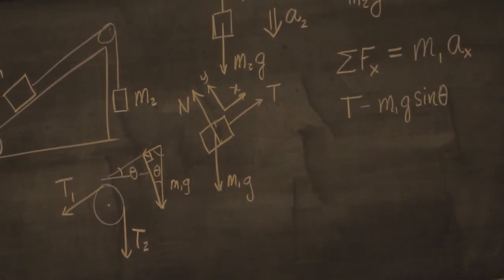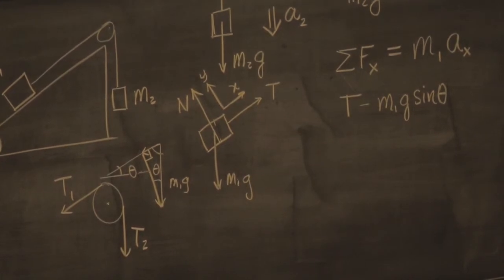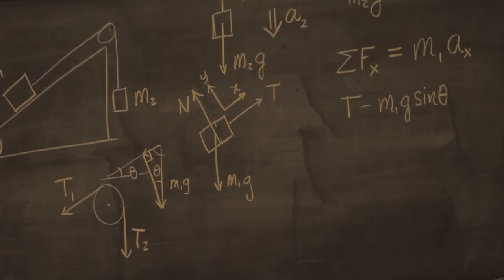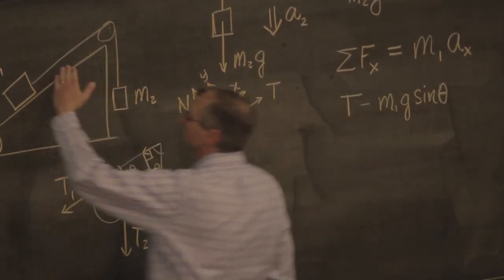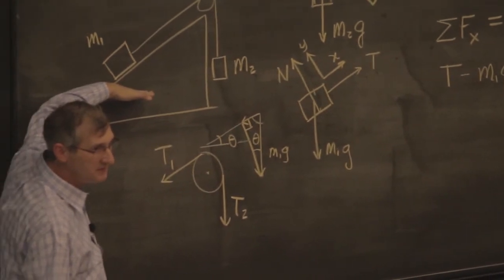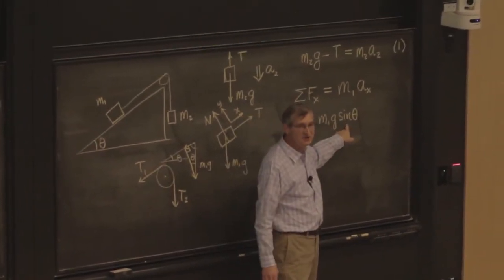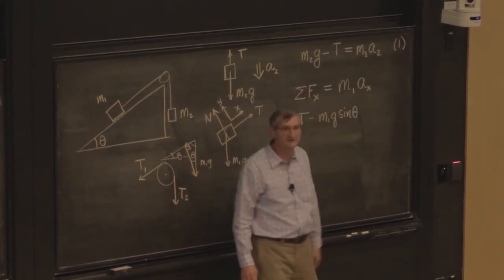Now, a way I like to check these things is to pretend that the angle goes to some convenient value. So let's pretend the angle theta goes to 0. Okay, imagine that theta is 0. So this is collapsed down and is horizontal. So in that case, this predicts that I should have no component of the force.